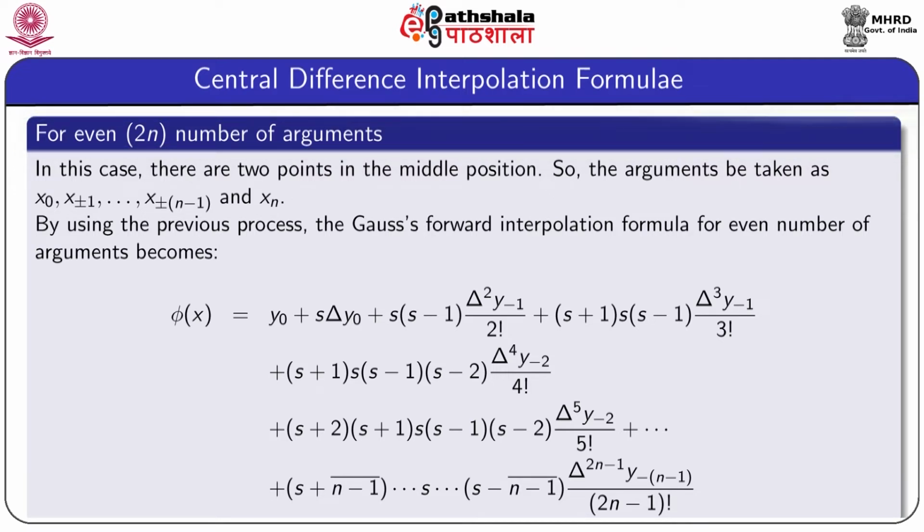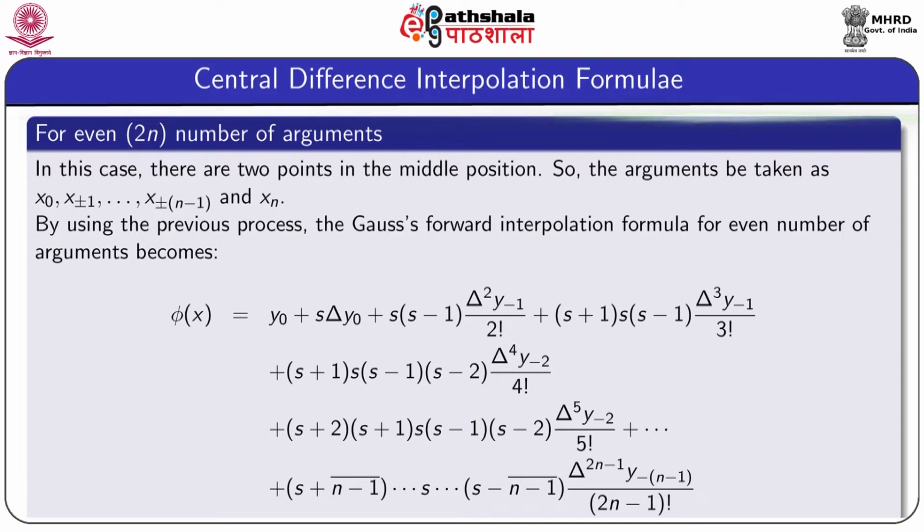In this case there are 2 points present in the middle position. So, by using the previous formula, that means Gauss forward interpolation formula, we obtain the following interpolation formula for even number of arguments, and that one is phi x equal to y 0 plus s into delta y 0 plus s into (s minus 1) into delta 2 y minus 1 by factorial 2, and so on.